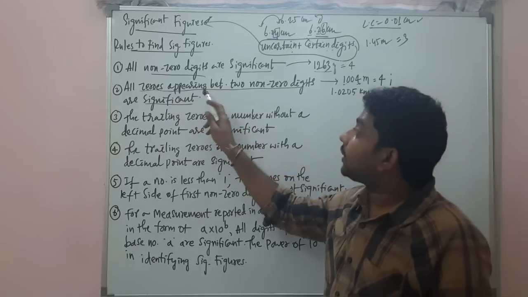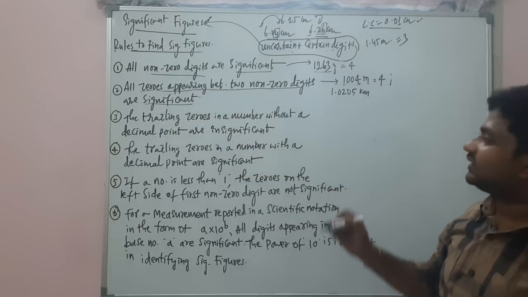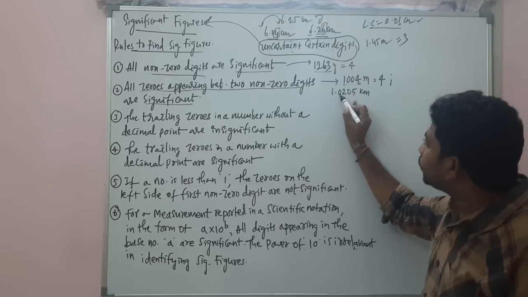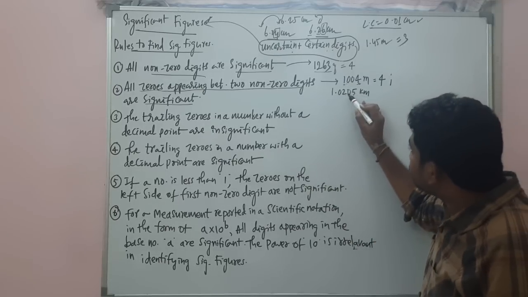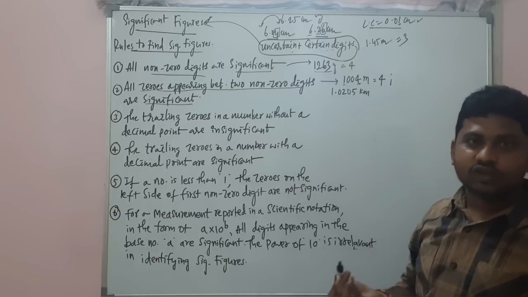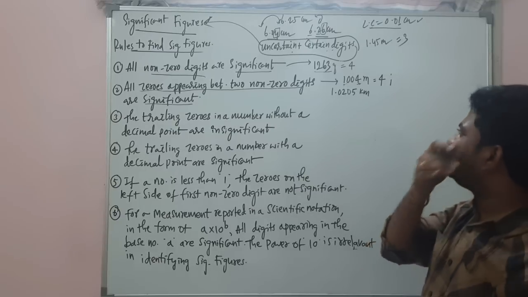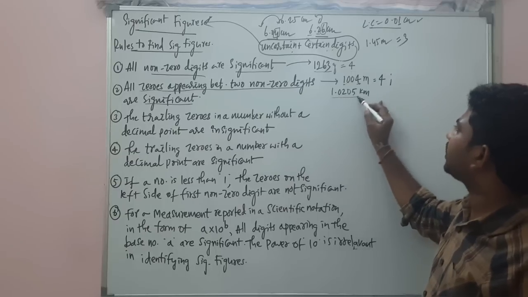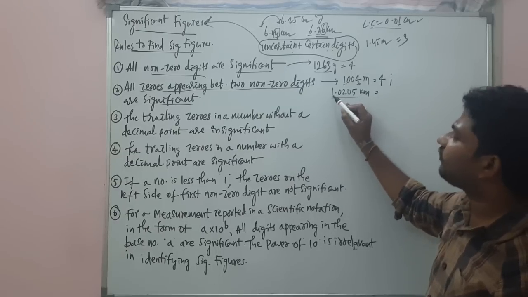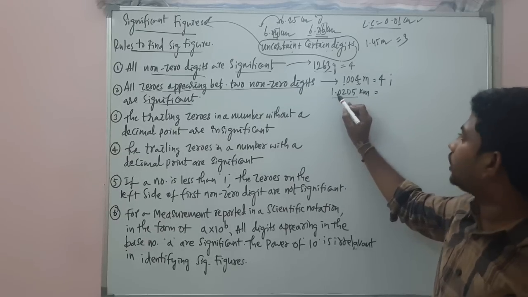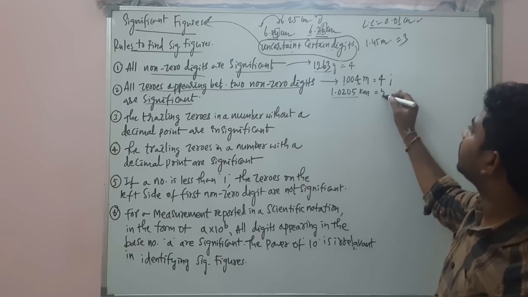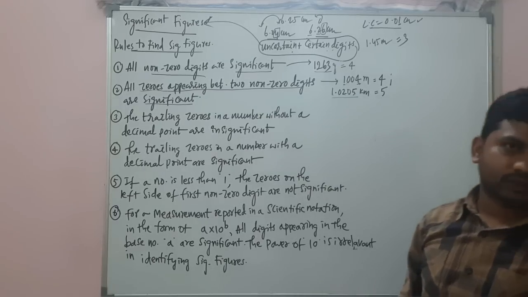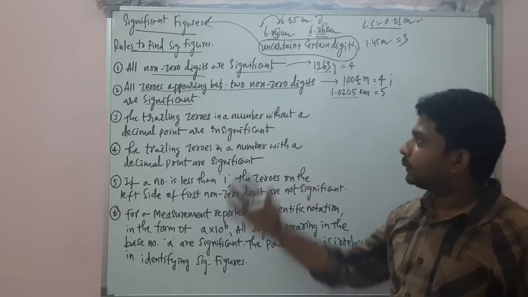And the zeros appearing between two non-zero digits. This 0 is between two non-zero digits, and this 0 is also between two non-zero digits. So every digit present in this measurement is significant. So the final significant figures are 1, 2, 3, 4, 5. So significant figures are 5 here. Alright.